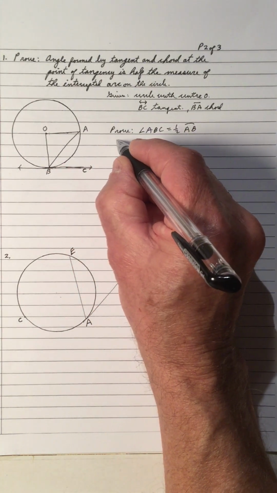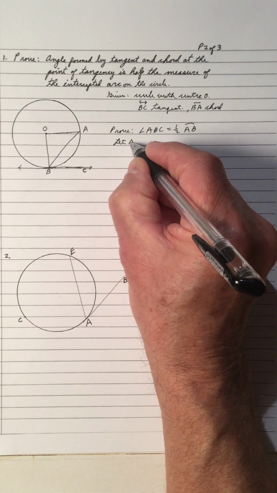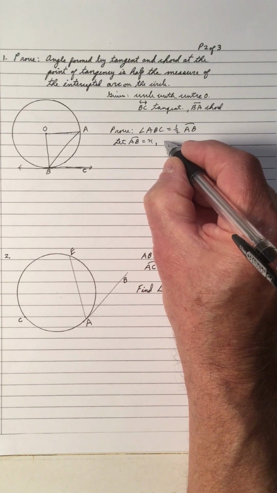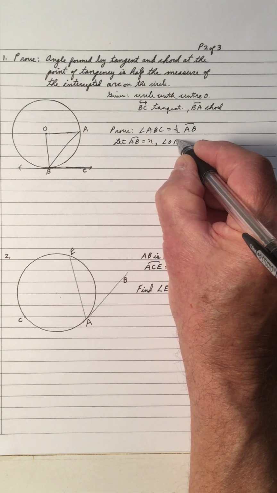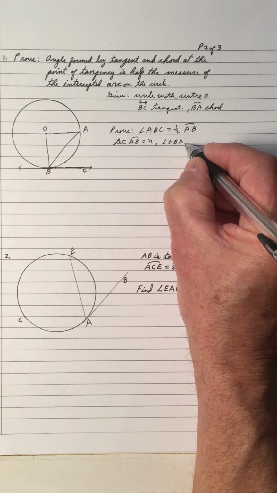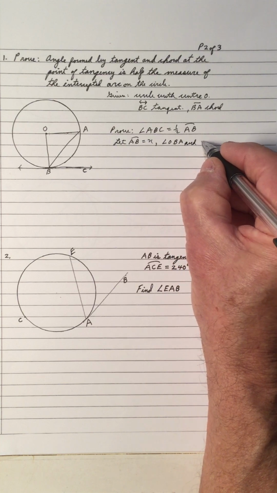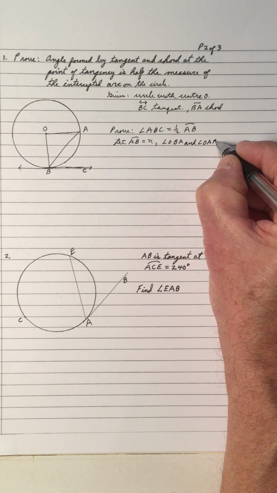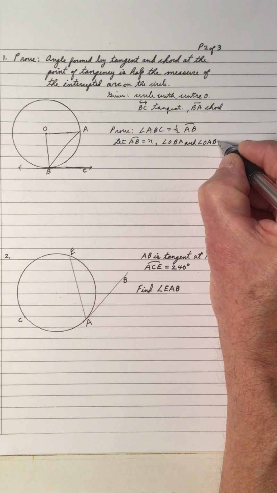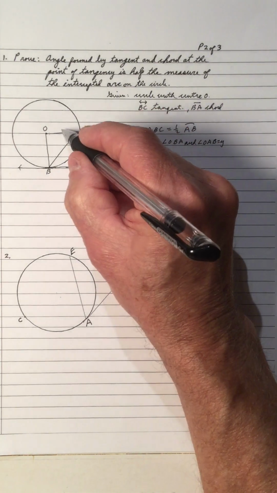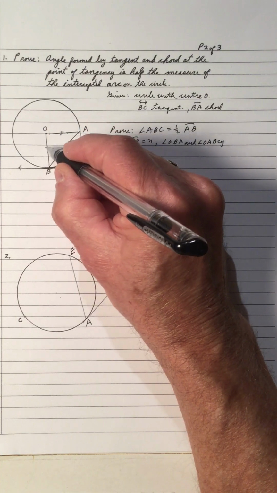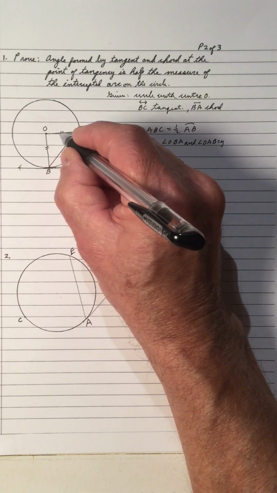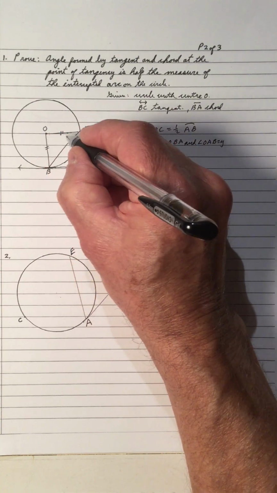To make things simple, we're going to let the arc AB be X, and we're going to let angle OBA and angle OAB equal Y. The reason for that is the radii of the circle are equal, so since two sides are equal in this triangle, these two angles are equal.